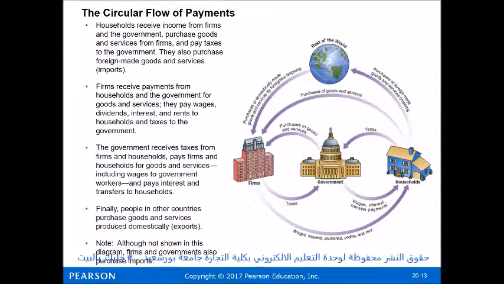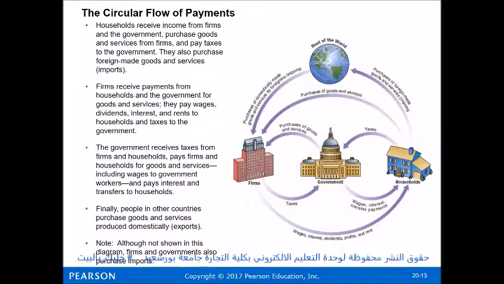The figure we have here shows the circular flow of payments among the 4 sectors: firms on the left, households on the right, the rest of the world on the top, and in the middle between firms and households we see the government. We can see that households receive income from firms, purchase goods and services from firms, and pay taxes to the government.